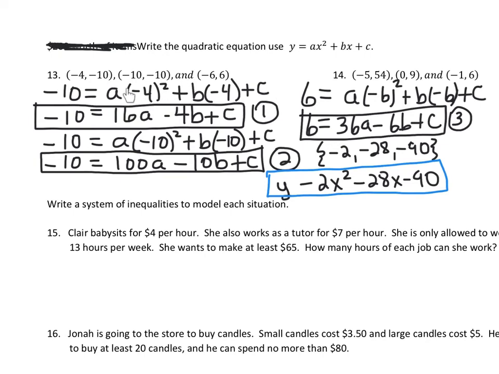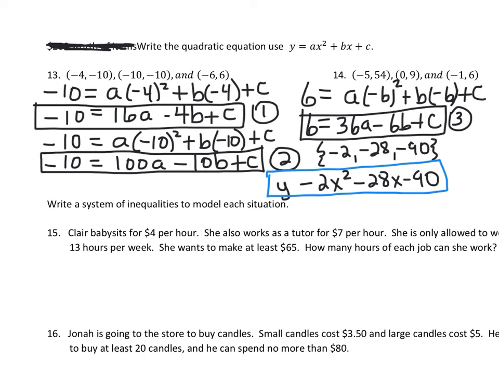And then I simplify this, and I get -10 equals 16a. Now remember, this is always going to be positive because we're squaring this negative number, so this is going to be a positive 16. Minus 4b, that's going to be a negative sign, plus c. This is going to be my first equation that I'm going to put in my calculator for my system.